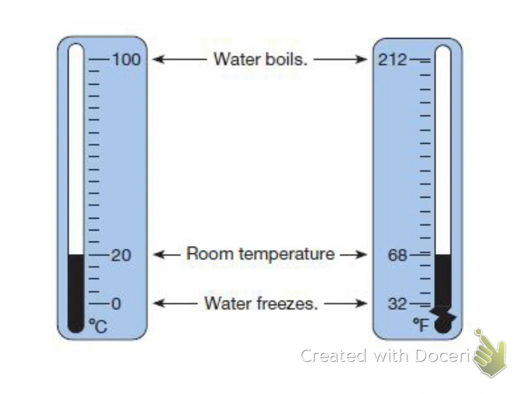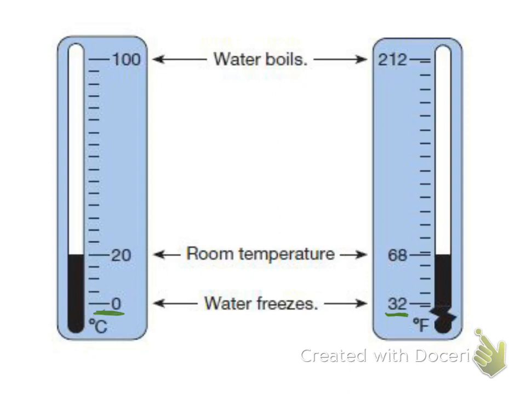So the two temperature scales we use are Fahrenheit, which would be a capital F, and Celsius with a capital C. Okay. On the Fahrenheit scale, water freezes at 32 degrees Fahrenheit. On the Celsius scale, water freezes at 0 degrees Celsius.